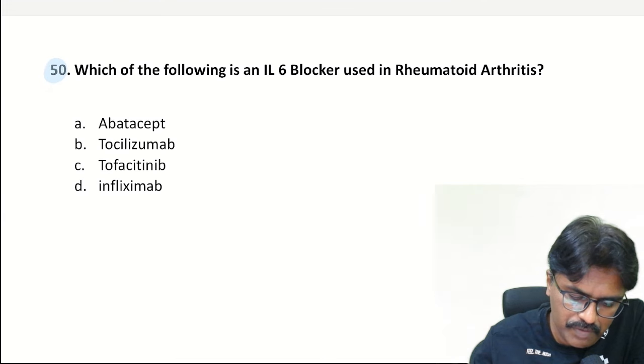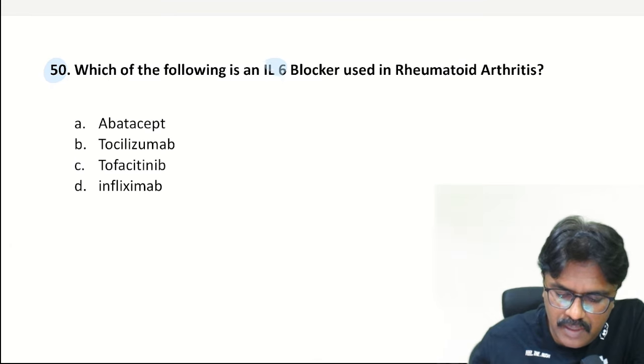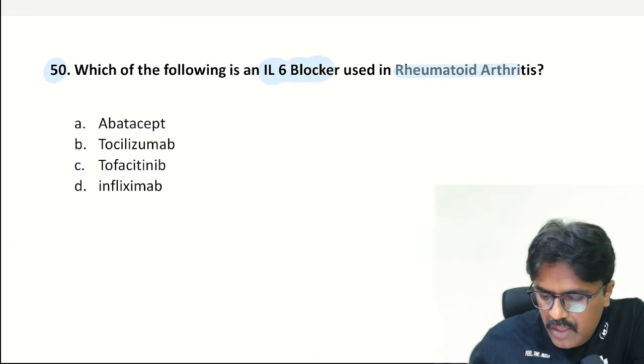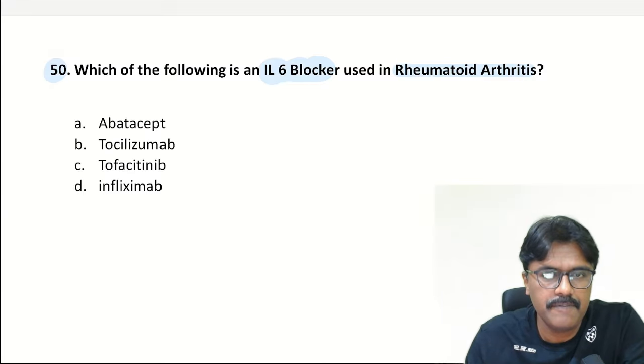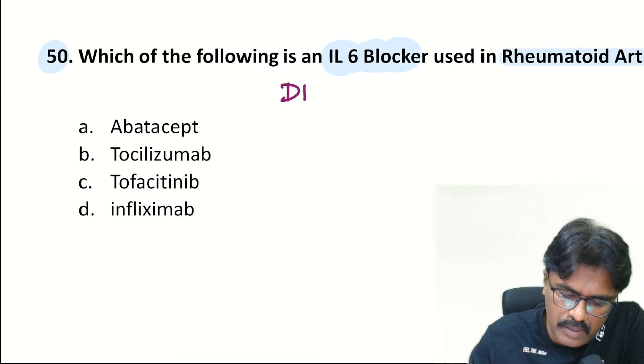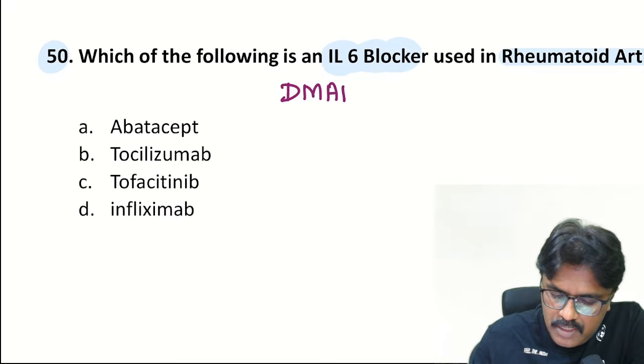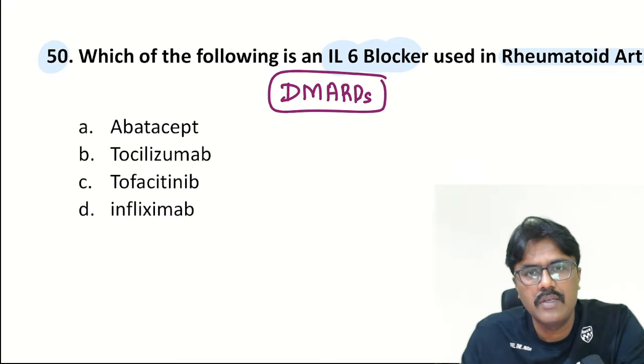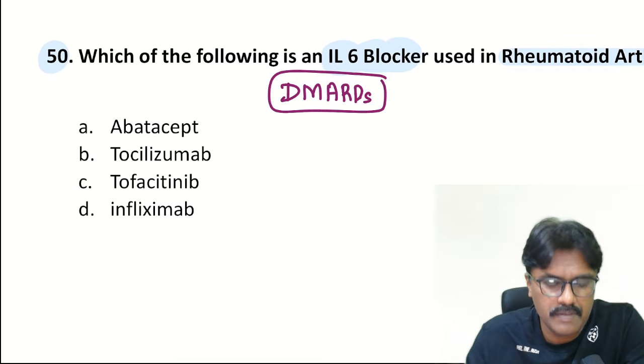Moving on to question number 15. Which of the following is an interleukin 6 blocker used in rheumatoid arthritis? In rheumatoid arthritis, we use drugs called DMARDs, disease modifying anti-rheumatoid drugs. So this is a frequently tested one.